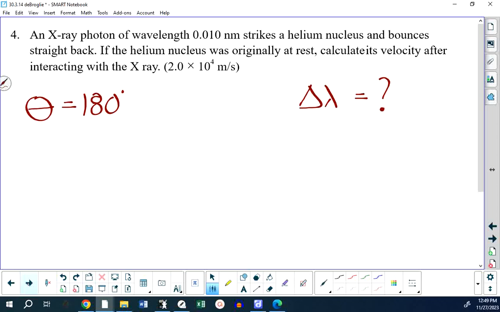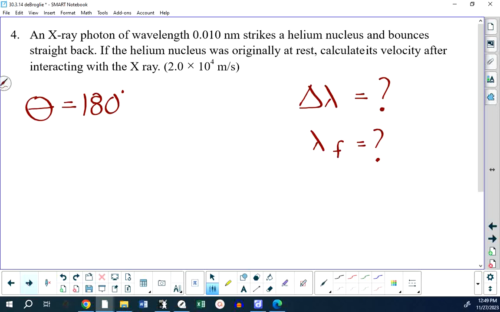But then I can ask you, instead of asking you that, I can ask you this, everybody, lambda f. If you find the wavelength shift, you can find the final wavelength by adding the initial. Okay. Instead of asking you for the wavelength shift, I could ask you for the final wavelength.